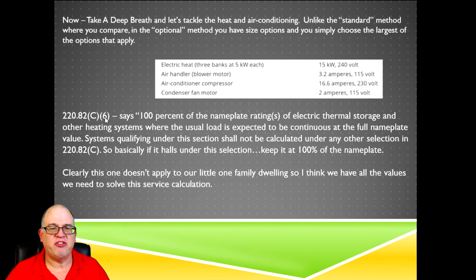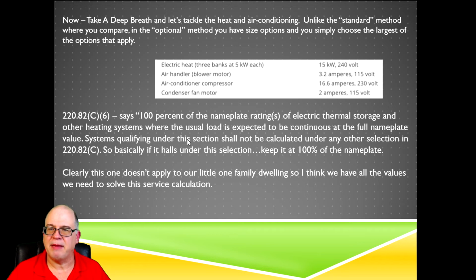And then lastly, number 6, and again, it doesn't apply to our example at all. It says 100% of the nameplate rating of an electric thermal storage and other heating systems where the usual load is expected to be continuous at the full nameplate value.